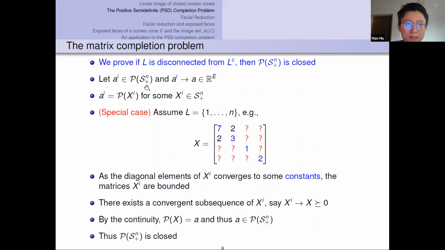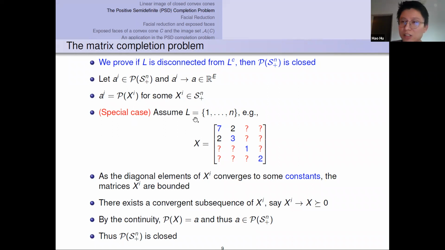Since all the a_i are PSD completable, there exists an auxiliary sequence big X_i, which is positive semi-definite, whose projection is little a_i.